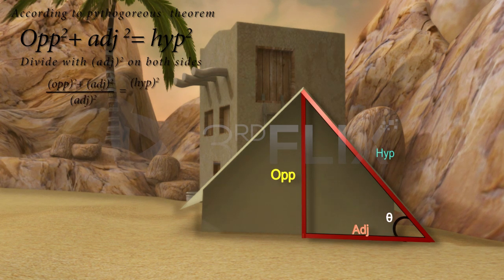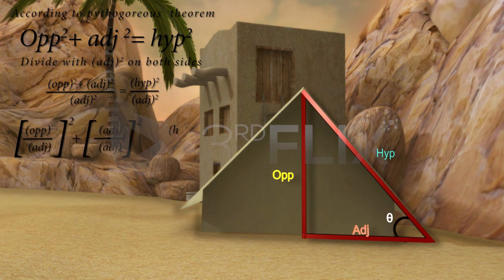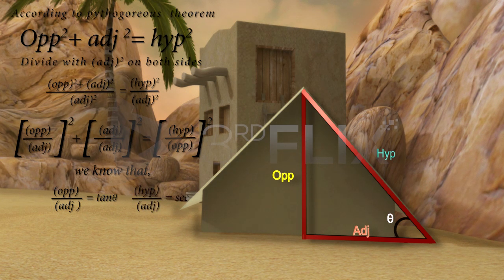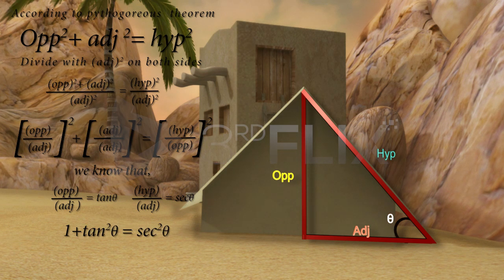We know that opposite side by adjacent side equals tan theta, and hypotenuse by adjacent side equals secant theta. By substitution, we get the Pythagorean identity. Secant square theta minus tan square theta equals 1.